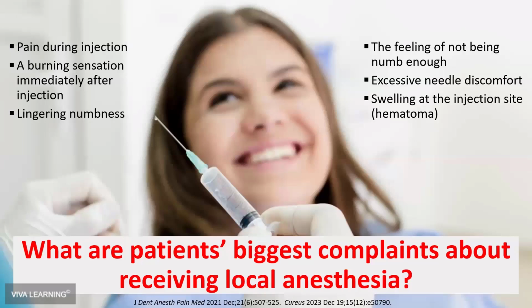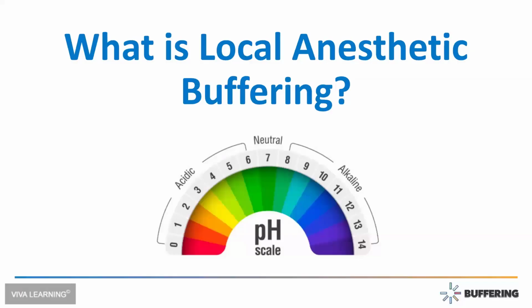I mentioned some things that a lot of us do, but I want to introduce for some of you, or for others, maybe it's a review, but talk about local anesthetic buffering. And if you didn't know, most of the local anesthetic solutions that we inject are pretty acidic, in the 3.5 to 4 pH range.